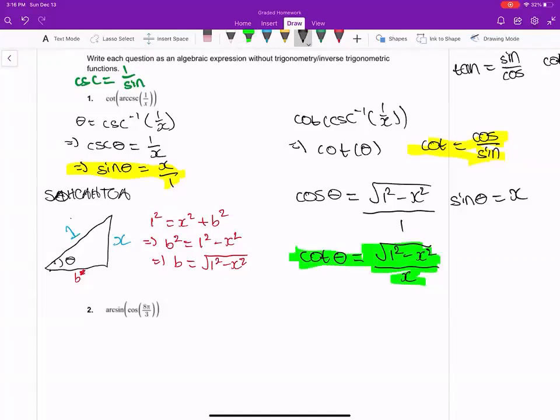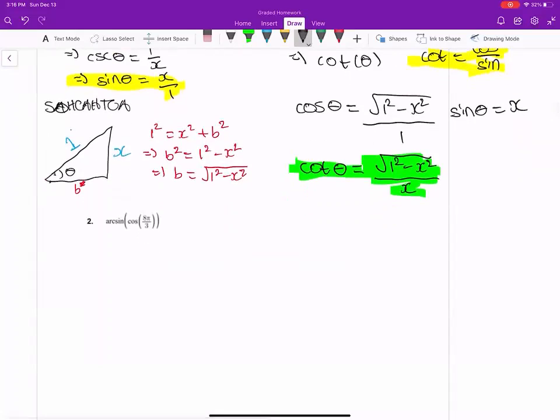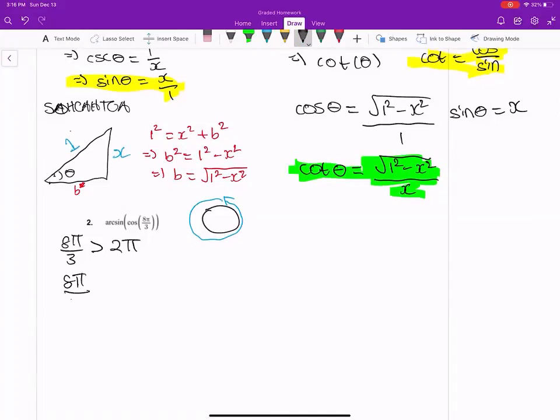This is a good trick to do for these types of questions when you have an inverse inside. But let's say you didn't have an inverse on the inside, you had it on the outside. First of all, notice that 8 pi over 3 is greater than 2 pi. That means on our unit circle, it makes a full rotation from the beginning and comes back around. Now if we take 8 pi over 3 minus 2 pi, you get 2 pi over 3.